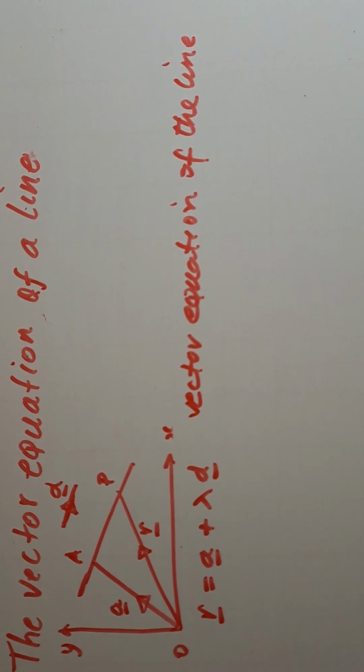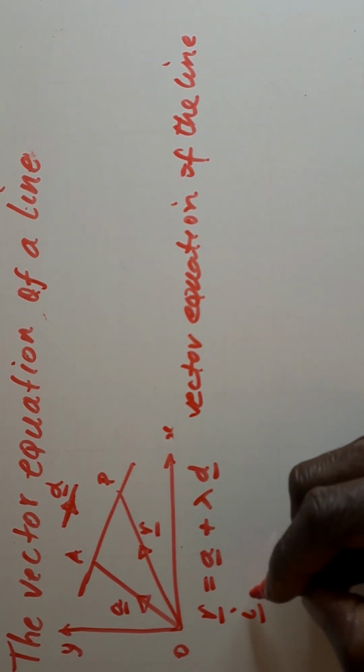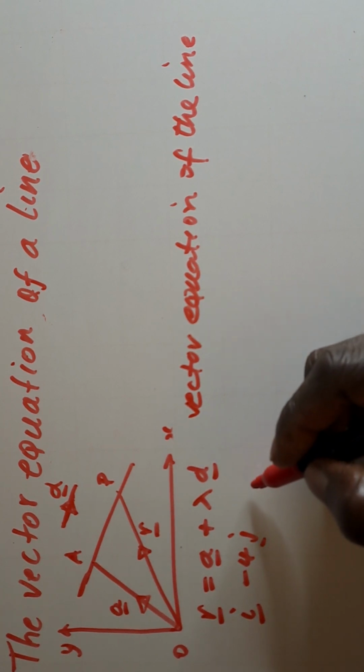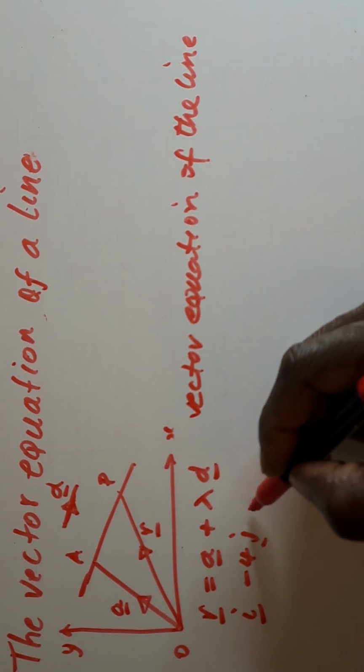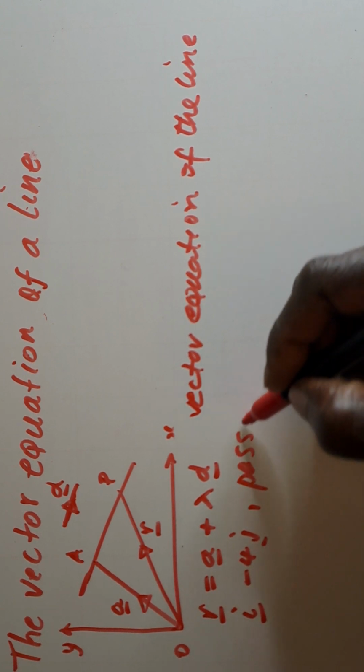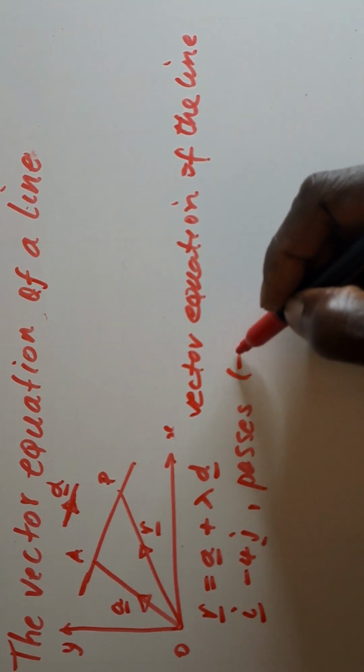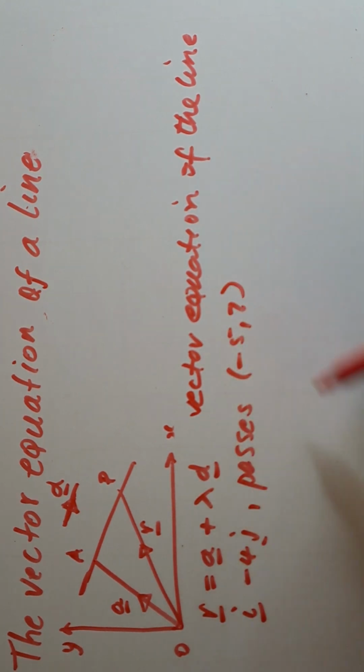Suppose we have the vector i minus 4j, which passes through the point minus 5, 7.